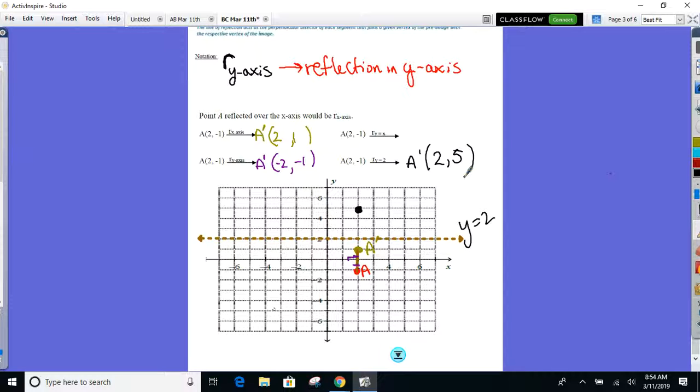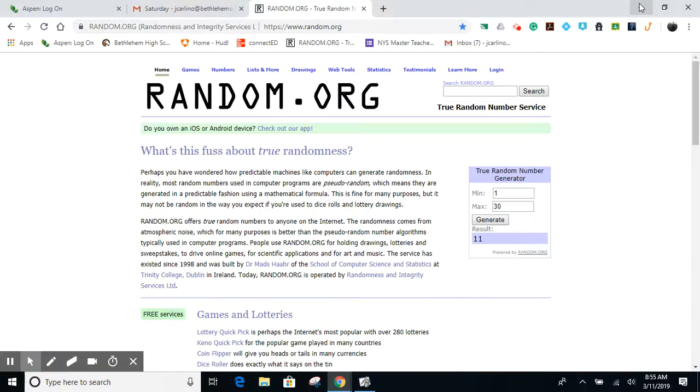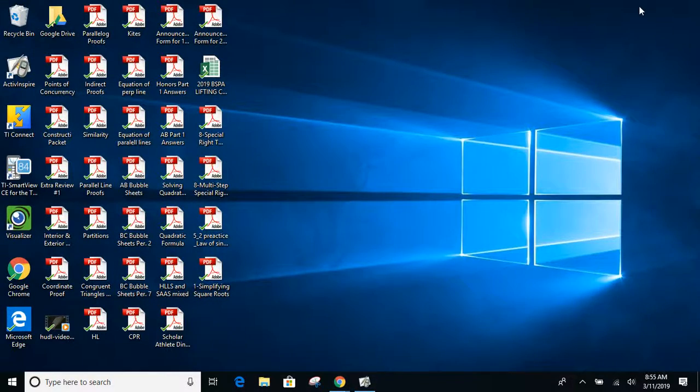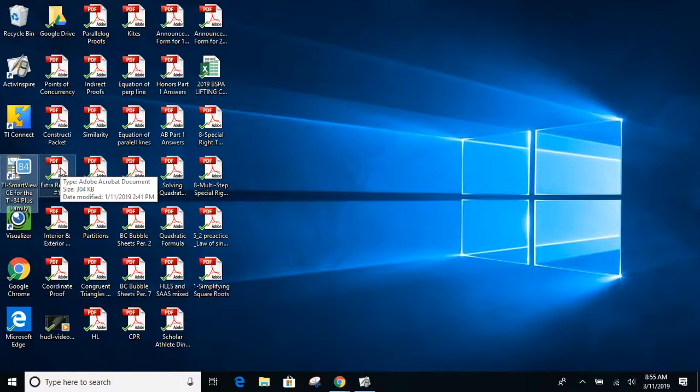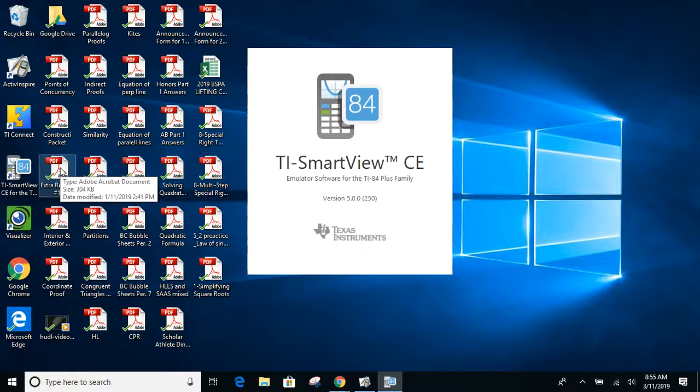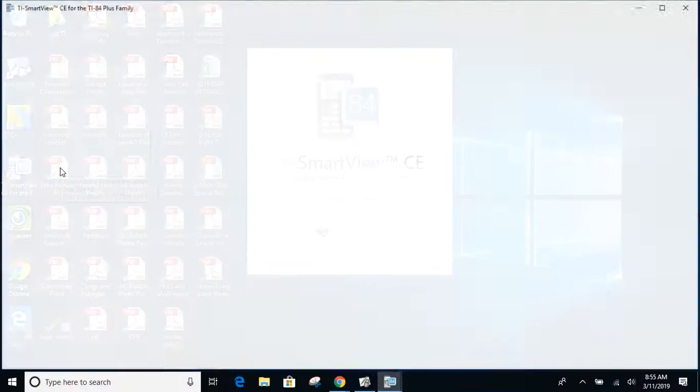And now what about this last one? Y equals x. Grab your calcs, ladies and gentlemen. You won't need it much this unit, but today and tomorrow a little bit. I want you to actually see this line we're about to reflect over. So go to your Y1 screen right now.